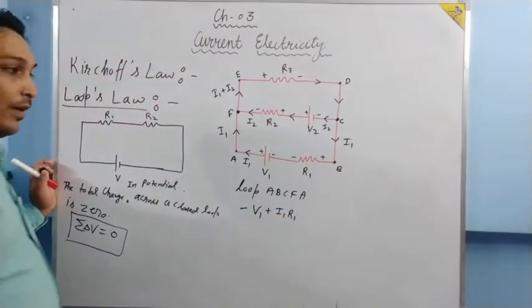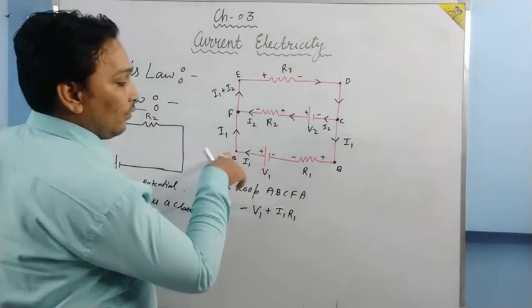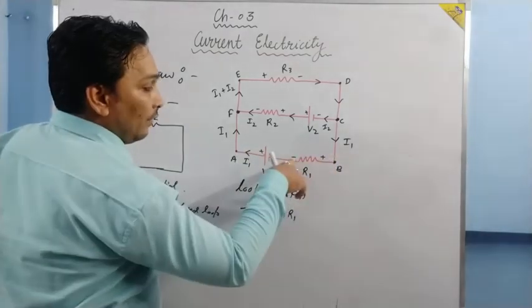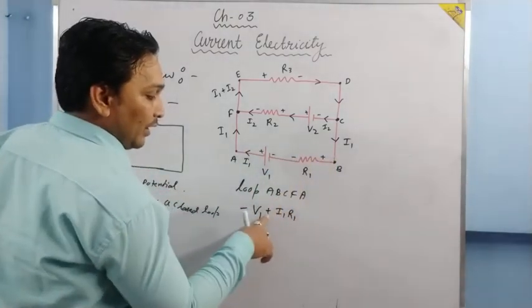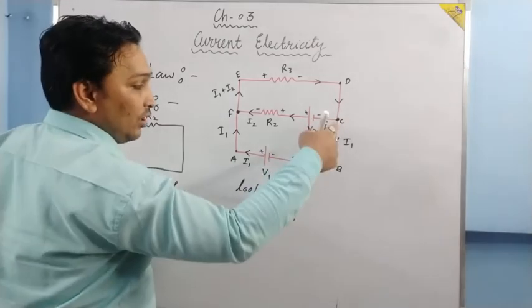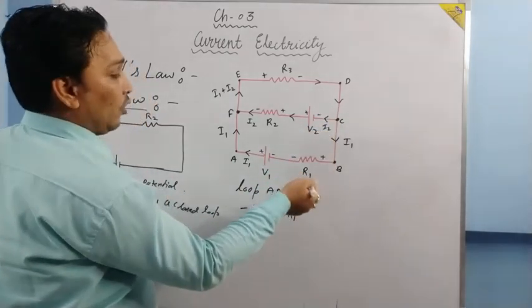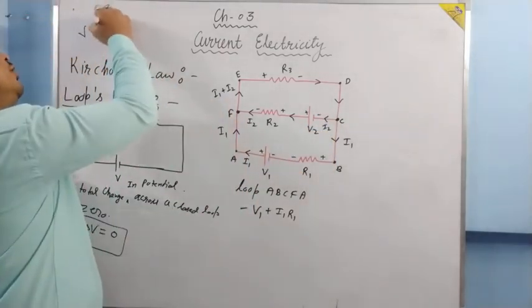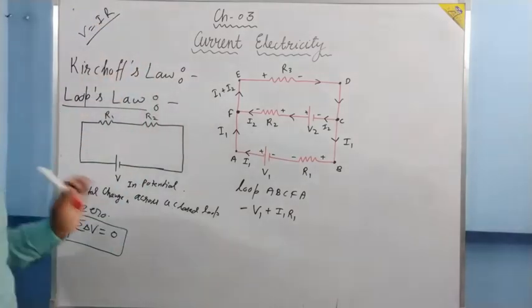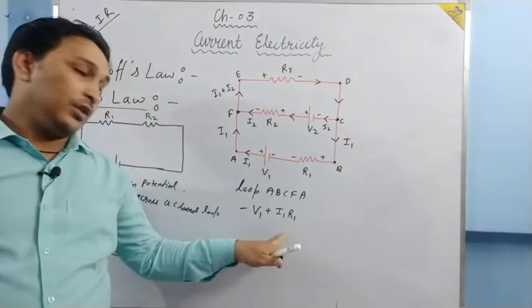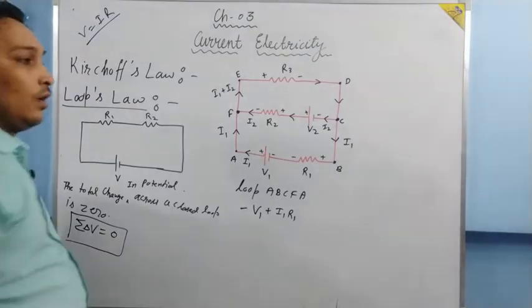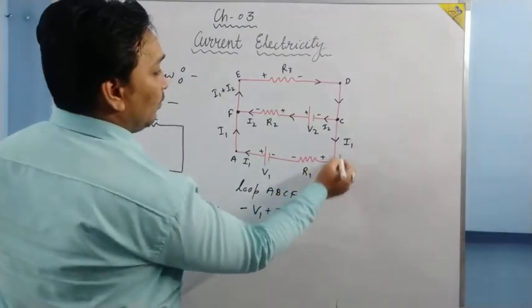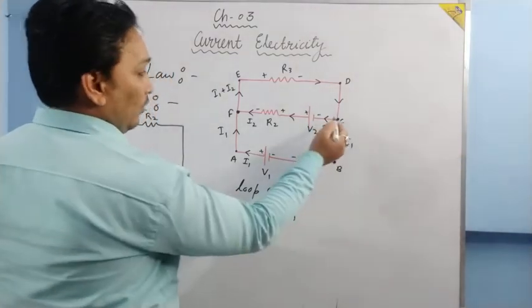Why have we written plus? Because from A to B we are moving from minus to plus, the potential increases, and according to Ohm's law, the voltage across the resistance is V equal to IR. So across this resistor the voltage will be I1 R1. Now we have reached point B. B to C we have nothing, only a wire is there.